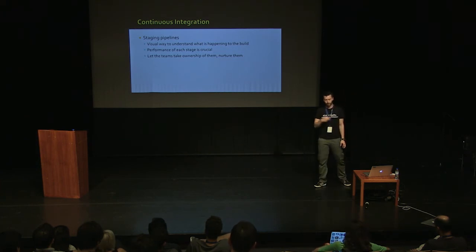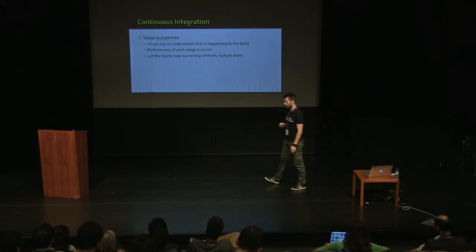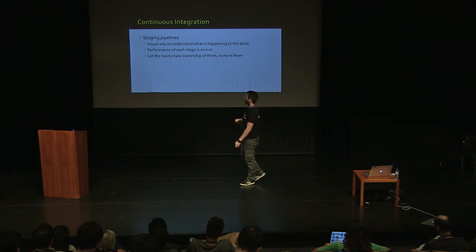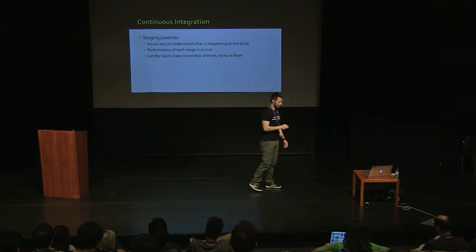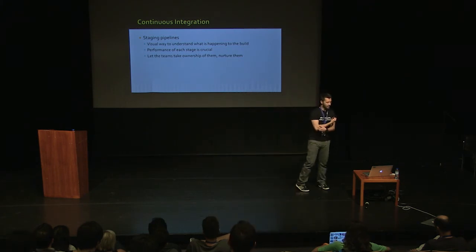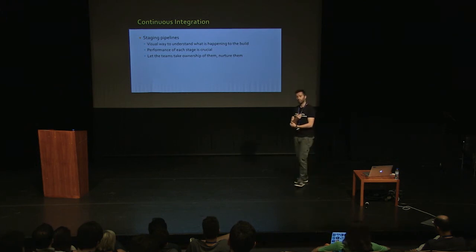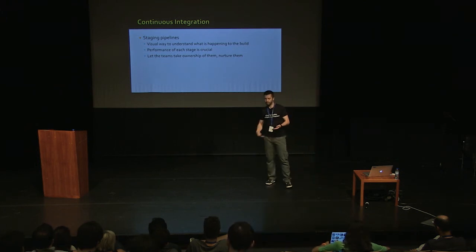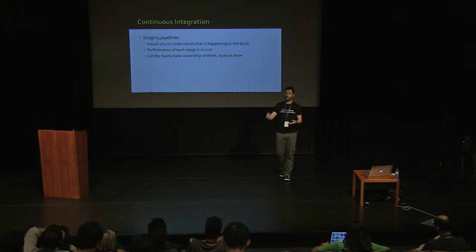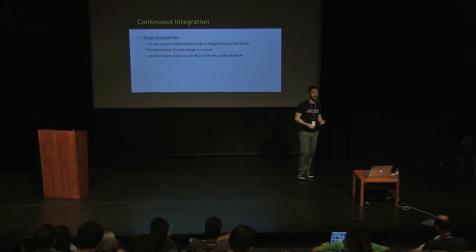And with this Jenkins, or with this continuous integration orchestrator, we'll have staging pipelines. So pipelines are nothing more than a visual way to understand what is happening in the sequence of deployments and tests that we are defining for our application.